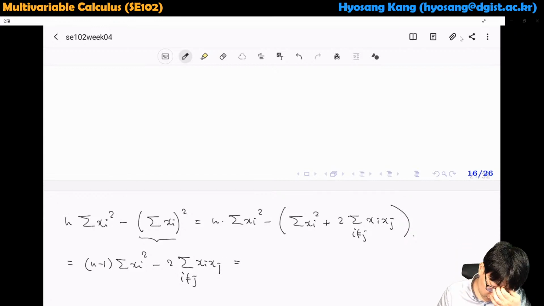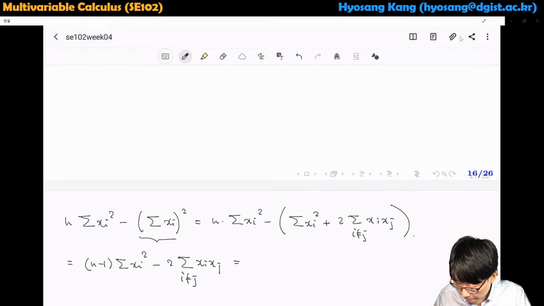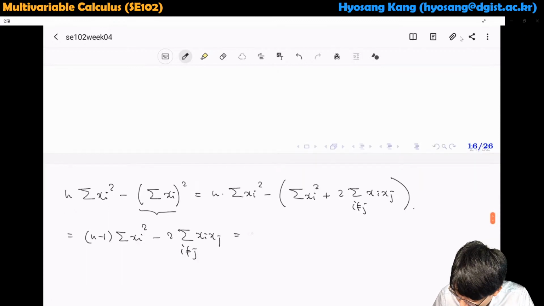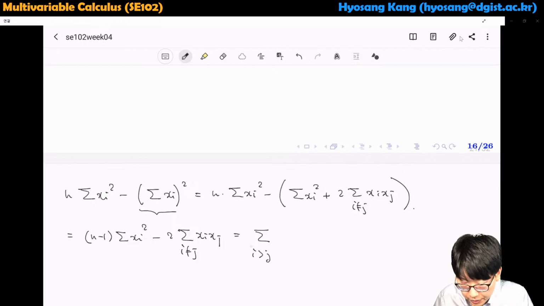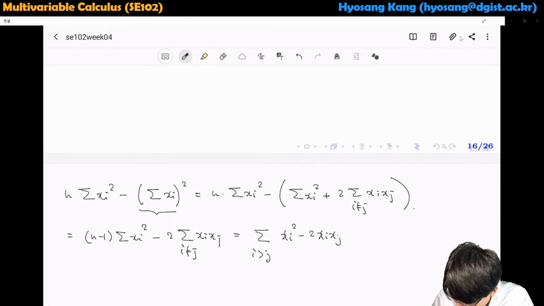Now I can group them again for each pair of xi where i and j are not equal. Let's say i is bigger than j, I can group them as xi² minus 2xi xj.